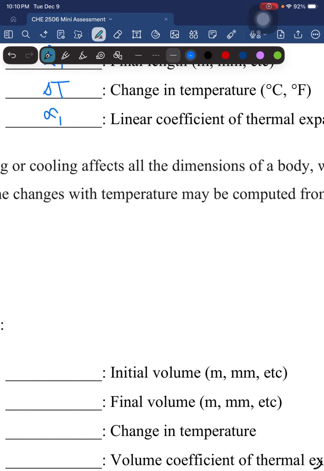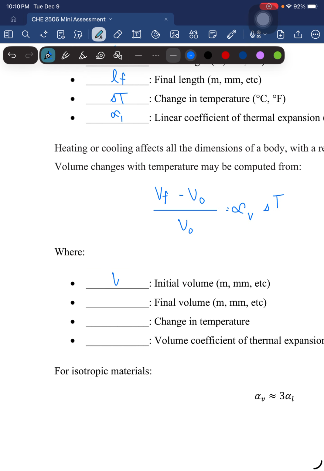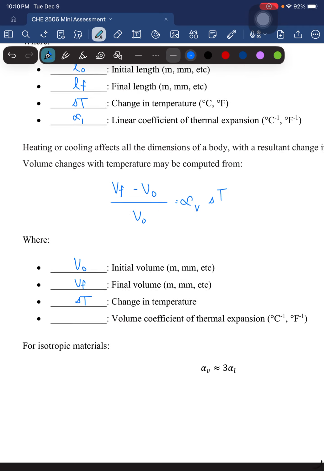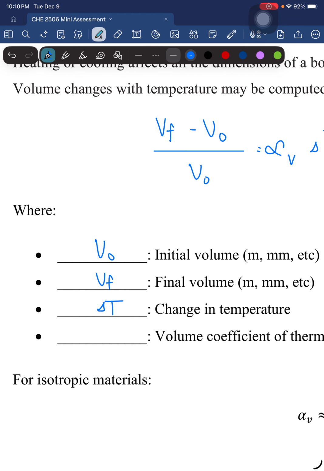We have your final volume subtracted by your initial volume, over your initial volume, equals alpha V delta T. So this time we have the initial volume, your final volume, your change in temperature, but instead of alpha L, we have alpha V. That would be the volume coefficient of thermal expansion.